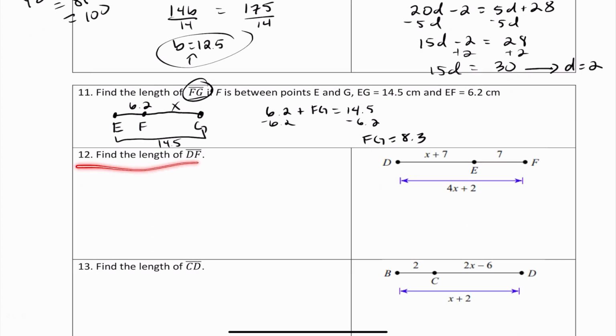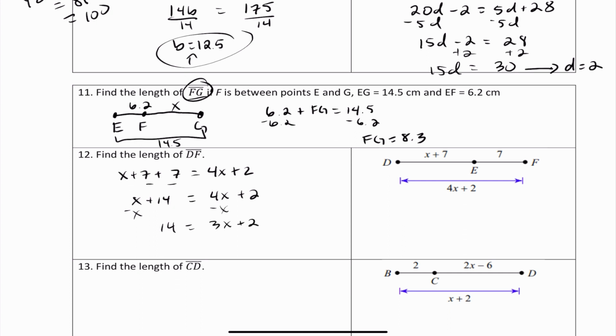Number 12, find the length of segment DF. Okay, I need to figure out how long this segment here is, which is 4x plus 2. So part plus part equals a whole. So that's x plus 14, which is equal to 4x plus 2. Minus the x on both sides, 14 equals 3x plus 2.